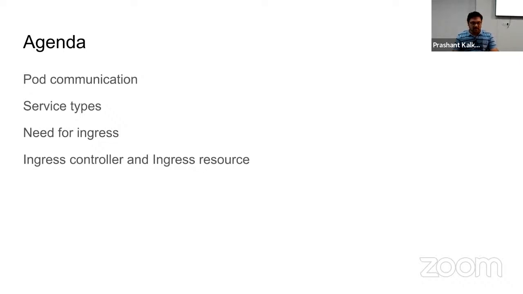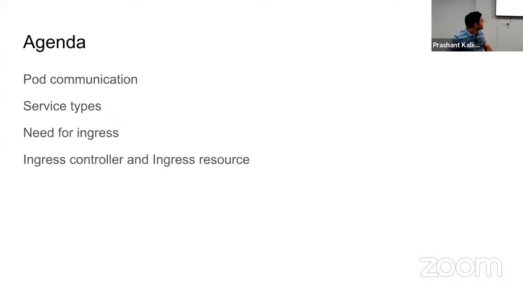Then the main concept is the Kubernetes services that are supported. There are at least 3 of them that I'm going to cover. We will see why we need them and what they are actually solving. You don't need all of them. You need to know which one you are going to use for a given problem or situation.